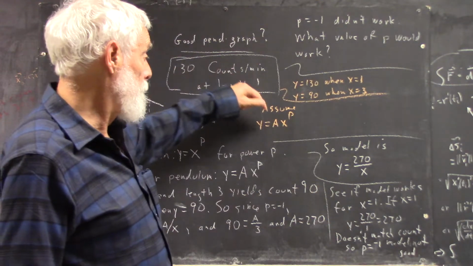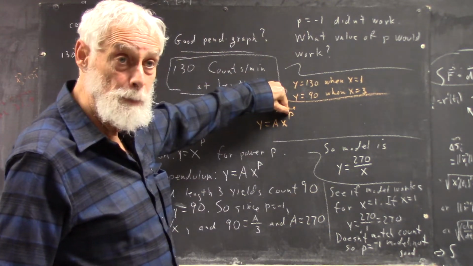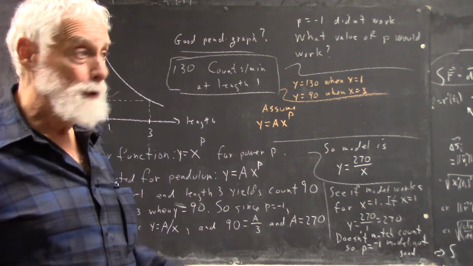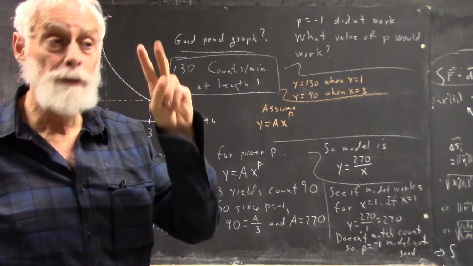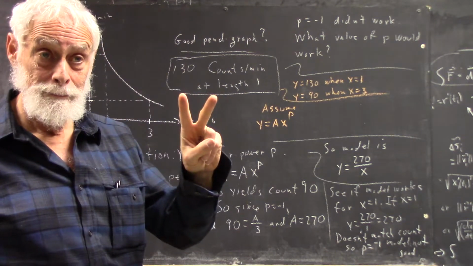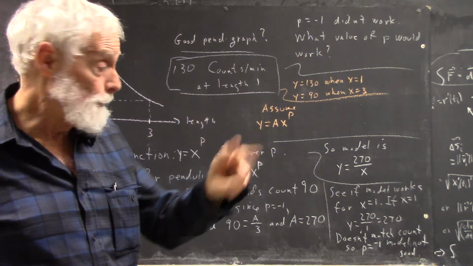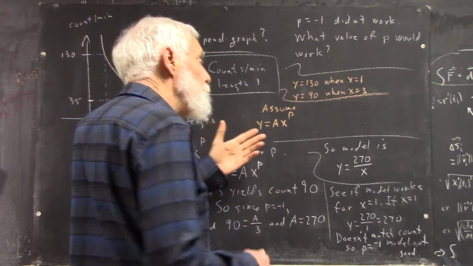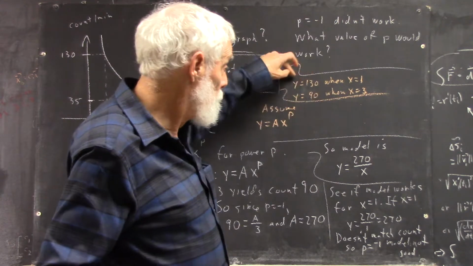So there are 2 things we got to find. We got to find a and we got to find p. We can't do that with just one equation. You have to have 2 equations. Okay? Very important. Ideal. So we can get 2 equations because we got 2 data points, right?